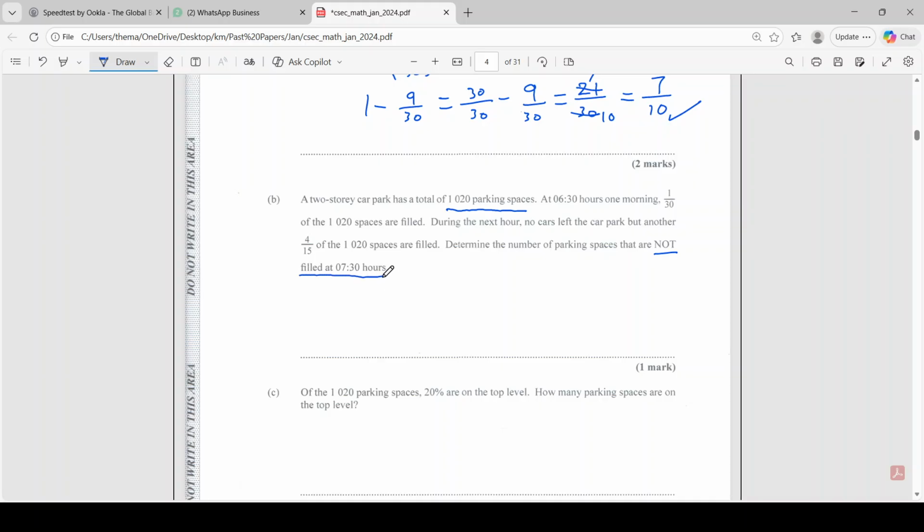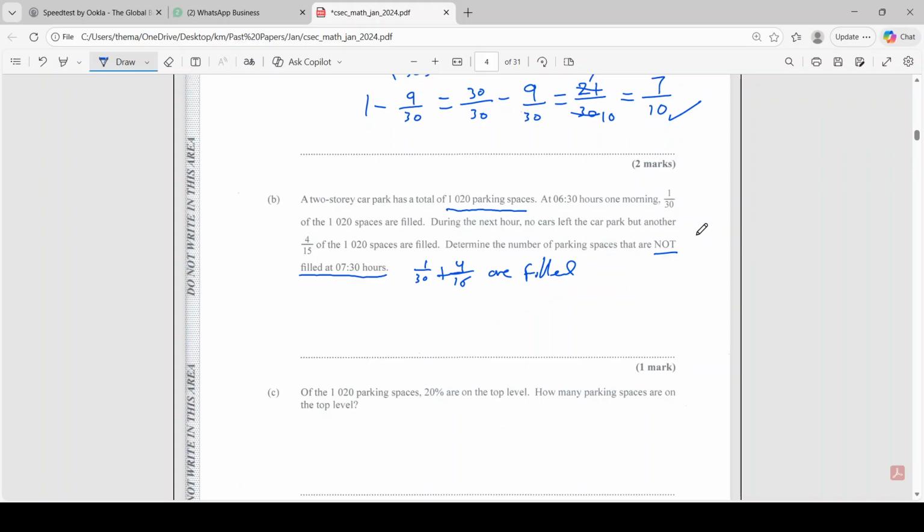Right, so how could we attempt this question? We're looking at how much is filled. In terms of fractions, we have 1/30 plus 4/15 filled.